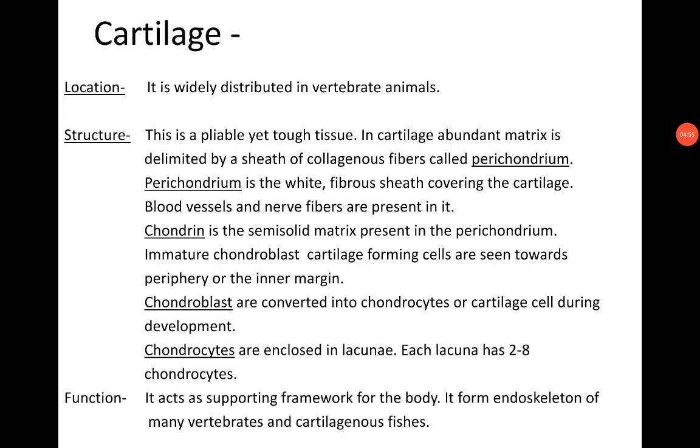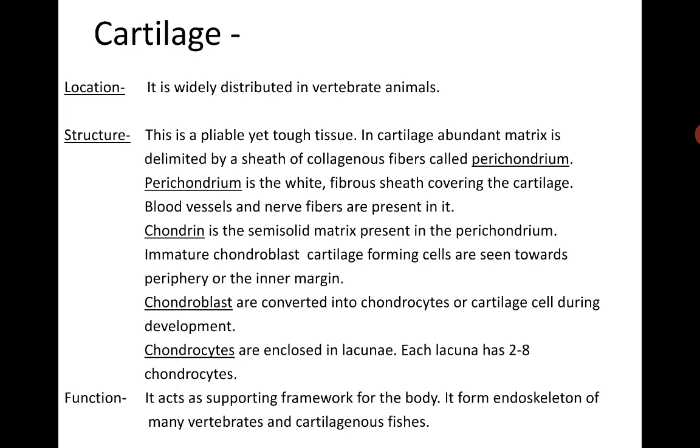Cartilage forming cells are called chondroblasts. These are present towards the periphery or the inner margin. Then chondroblasts: in the cartilage, perichondrium, chondrin and next chondroblasts are present. These chondroblasts are converted into chondrocytes or cartilage cells during development.